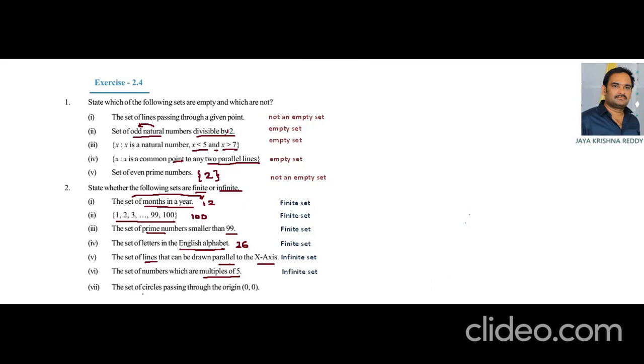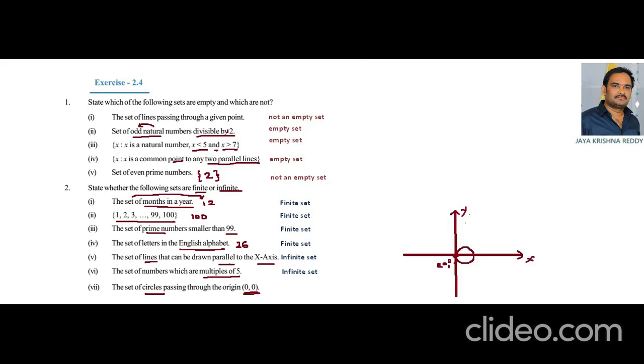Next one, the set of circles passing through the origin. The set of circles passing through the origin (0, 0). This is the x-axis and y-axis. The intersecting point of these two axes is the origin (0, 0). Now we have to identify the set of circles passing through the origin. Passing through the origin means we can draw a circle like this.